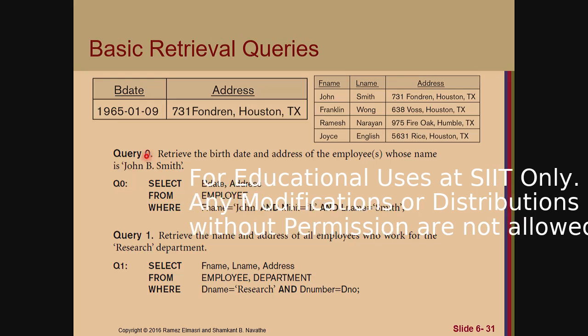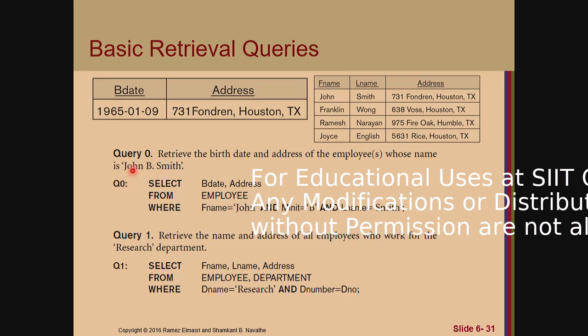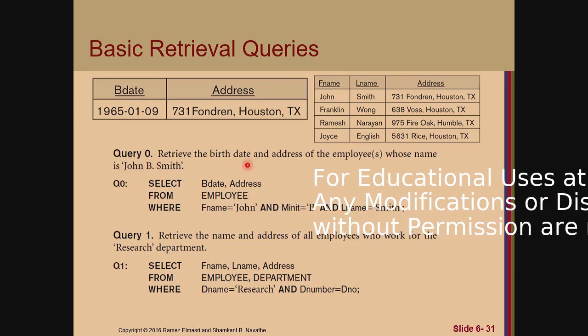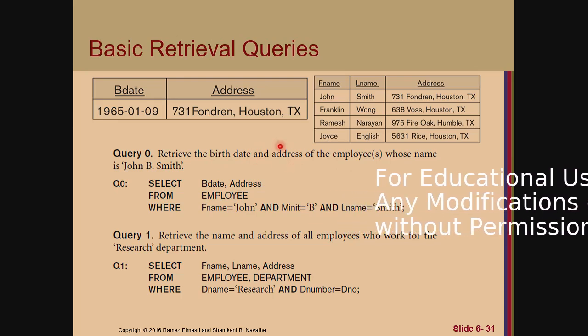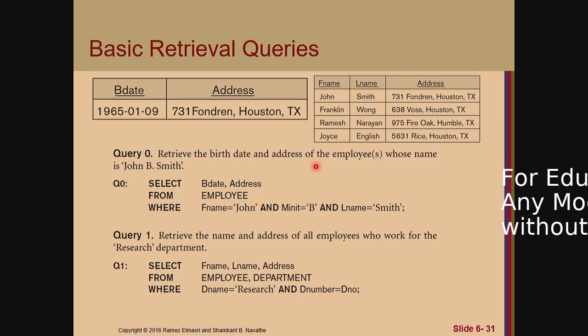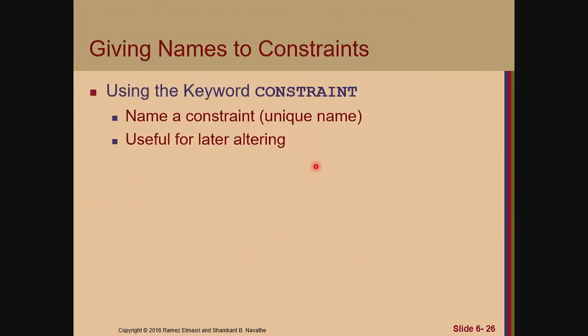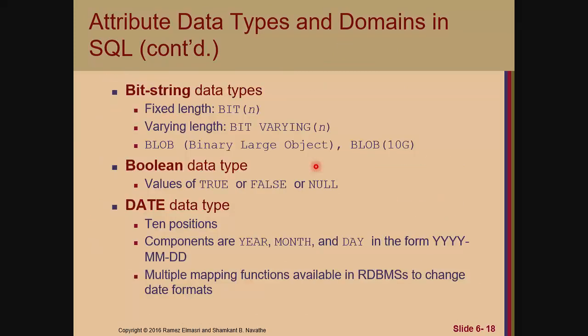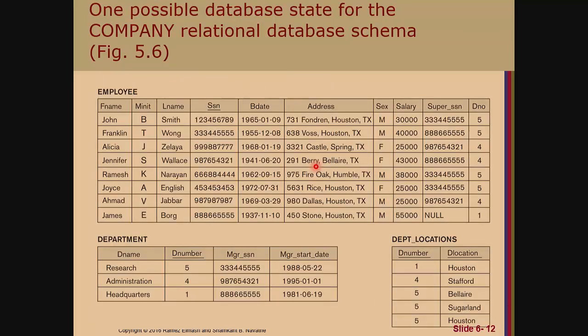What kind of information do they want? They want just birth date and address. We have to go back to the slide of the database of the employee table. Where is it? The employee table is here.